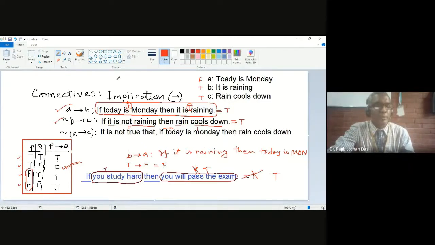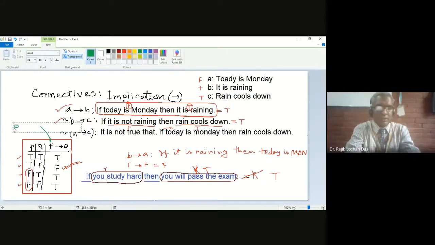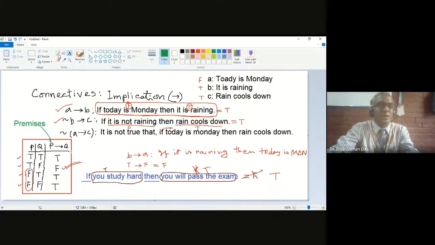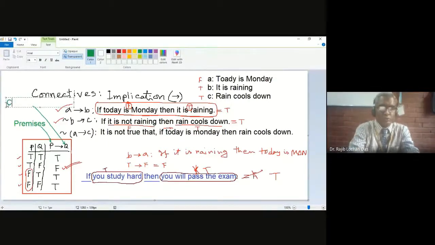Okay, now I am telling you another name. So what is the name? The P has a name. P means the premises. I am writing here premise or premises, that is the left side item. And the right side thing is called conclusion, that is Q. So I am writing the name here, premises and conclusion.